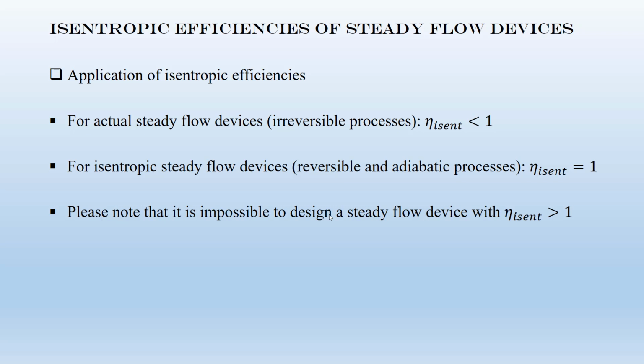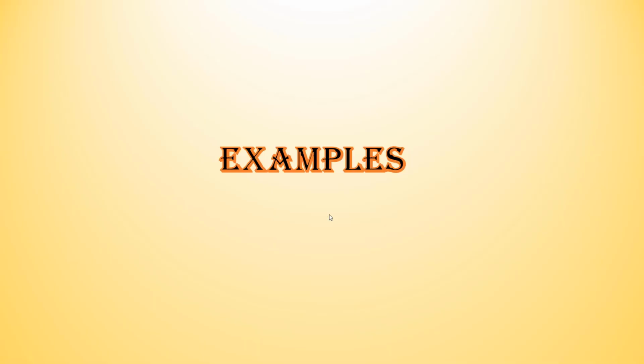So two applications: you can verify some claims about steady flow devices, and second, you can select the steady flow devices with less losses or better performance. So these are two applications for the isentropic efficiencies of steady flow devices.